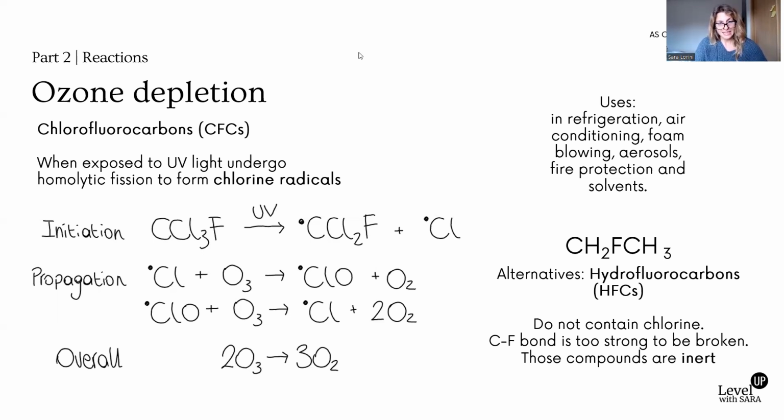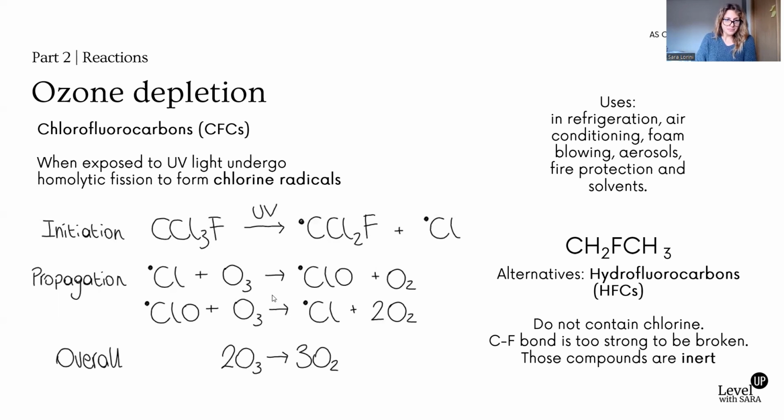So the UV light always causes the homolytic fission to form a radical, and normally it's the chlorine that forms the radical. Okay, and the chlorine is a very reactive intermediate, actually in this case a catalyst, that would react with whatever is present. So in this case, it would react with ozone, which is O3, to form this intermediate.